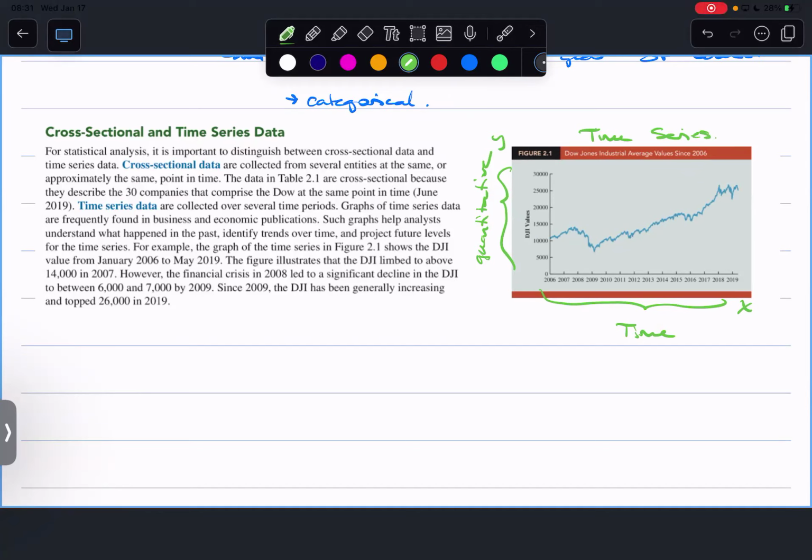Over time, we've seen graphs like these, they show them in newspapers and things. What are they supposed to show? They're supposed to show trends over time. And then what are we going to try to do?